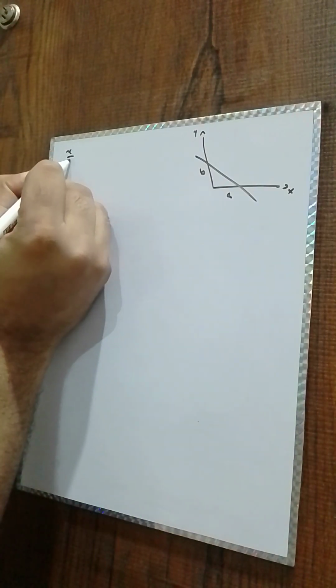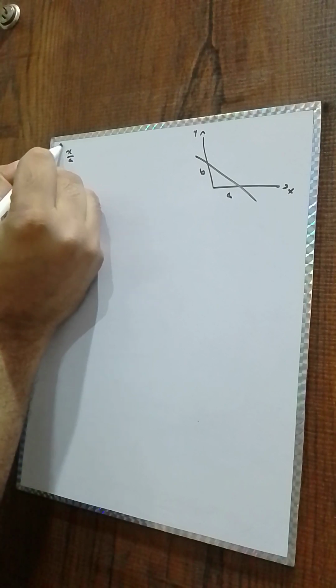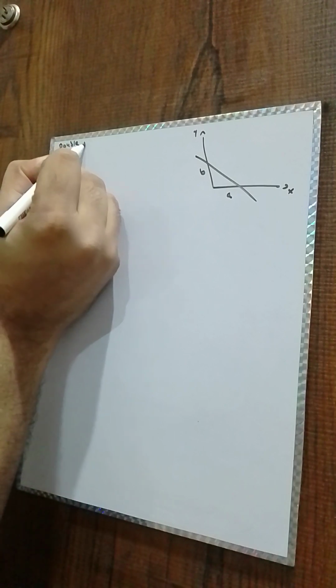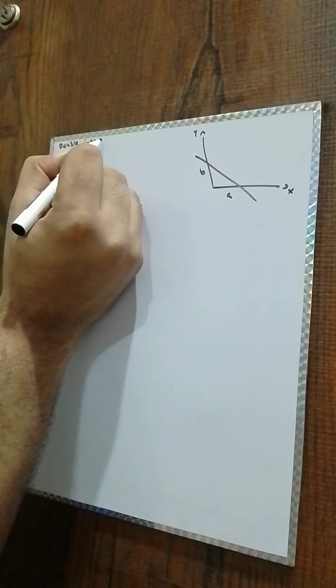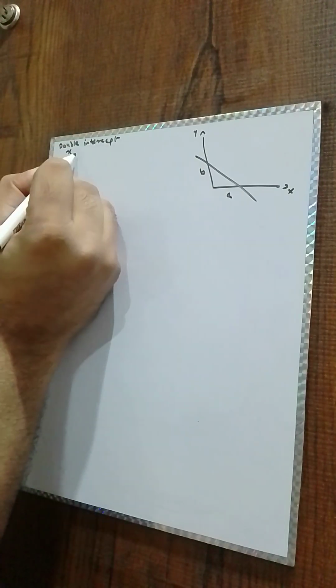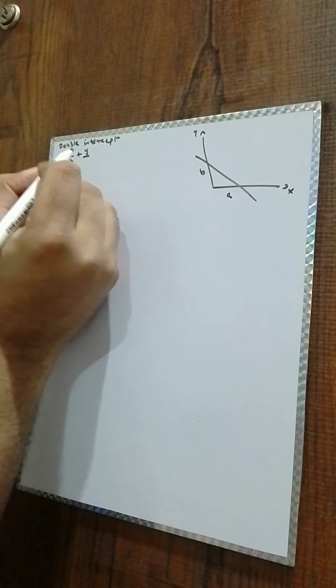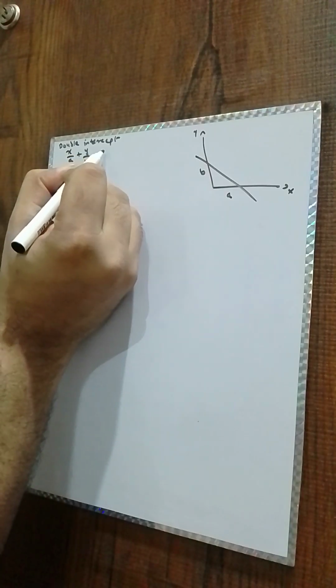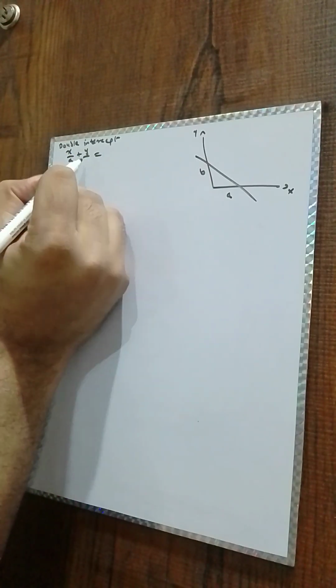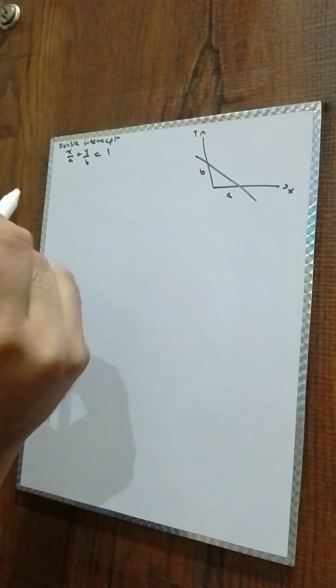So x by a, double intercept, it is not used frequently, but it can be required. So x by a plus y by b is equal to 1.